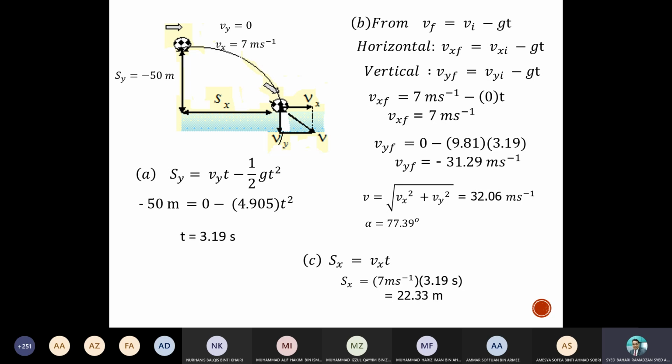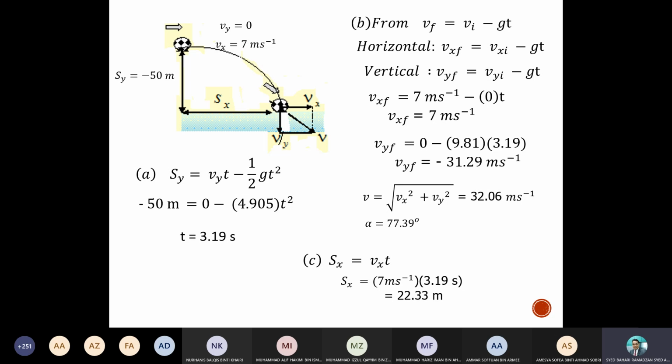And then the second question is to calculate V final. The equation that we can use for V final is V final equals V initial minus AT, or minus GT. So V final equals V initial minus GT. For V final, we must consider the X direction and also the Y direction.